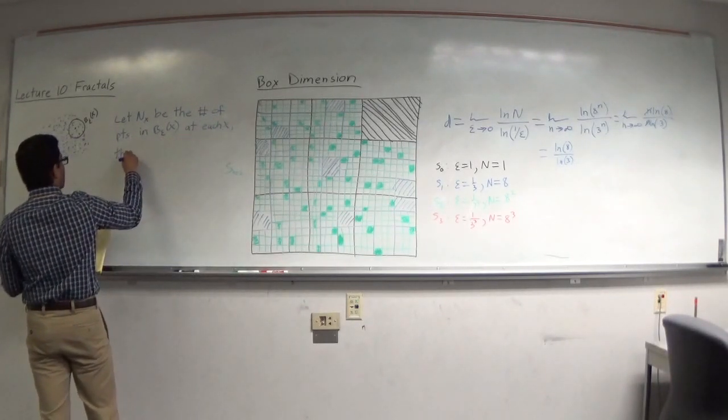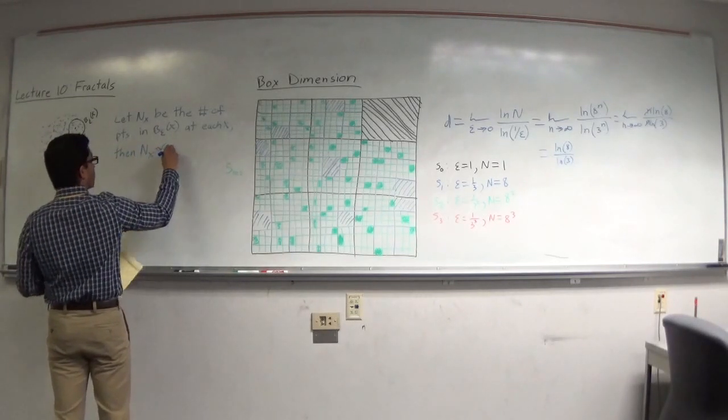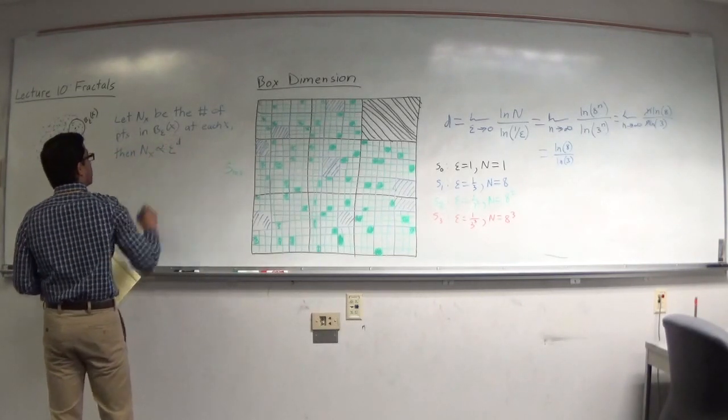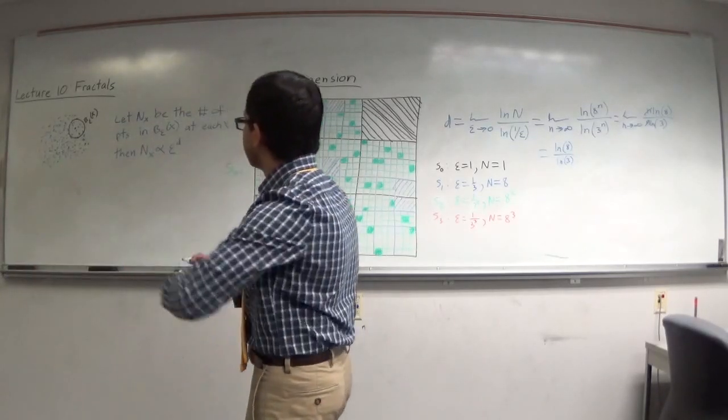Then this n_x is going to be proportional to epsilon to the d.